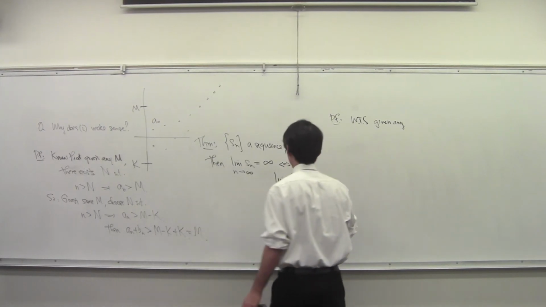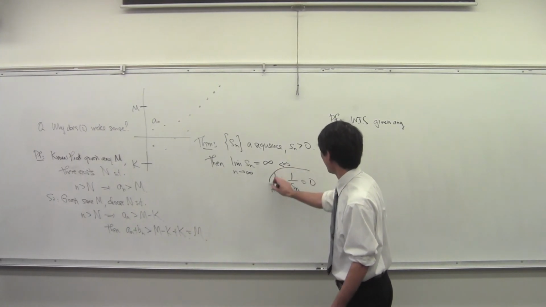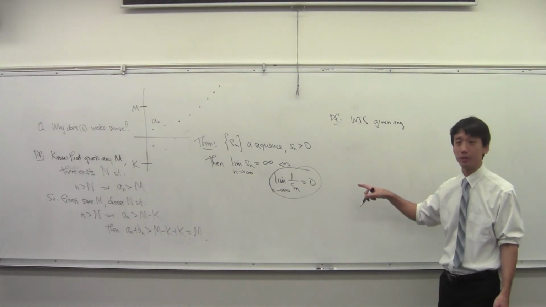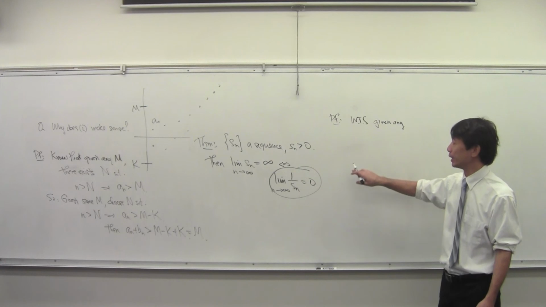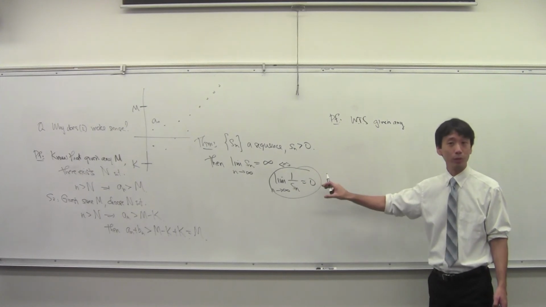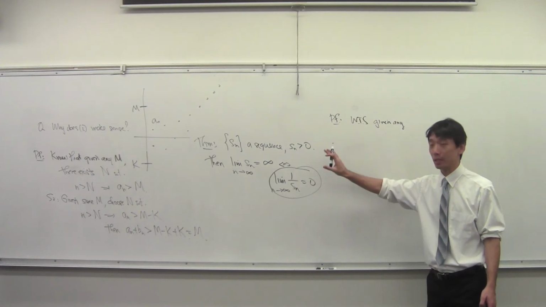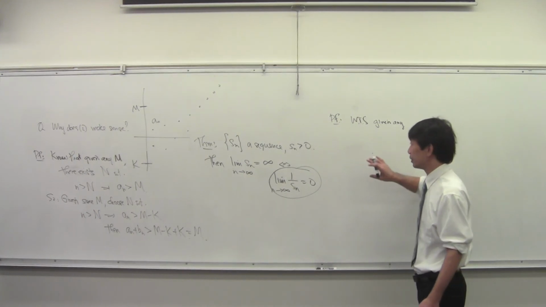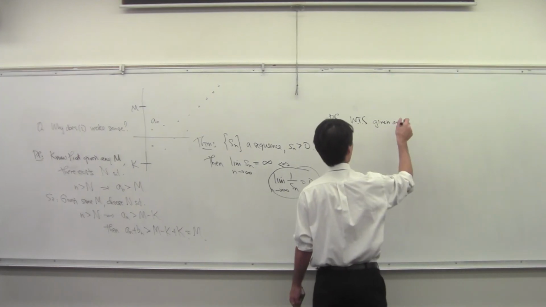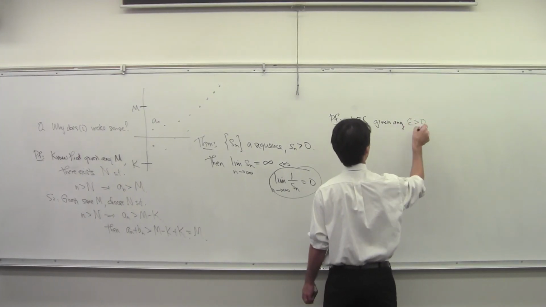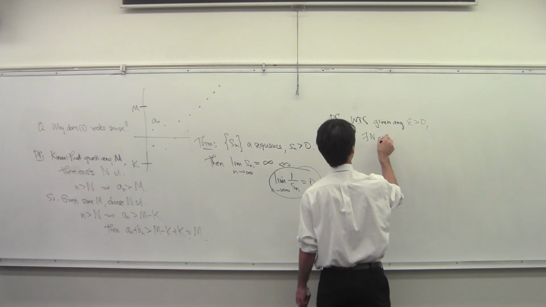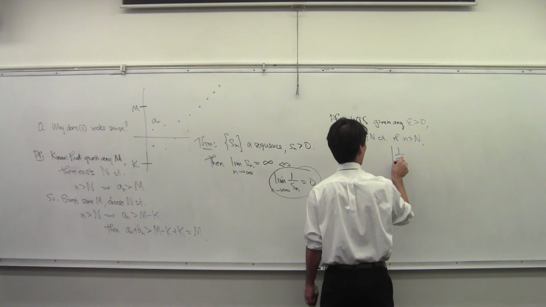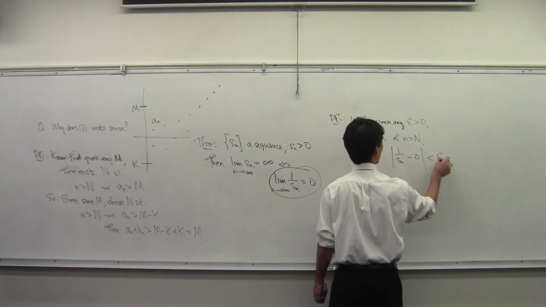So let's look at this. Here's what we want to show: that the limit of 1 over s sub n is 0 as n goes to infinity. That's our old limit, not the infinity limit. To show that, we need to play the epsilon game. Given any epsilon, there exists an N such that if n exceeds N, then the distance between 1 over s of n and 0 is less than epsilon.